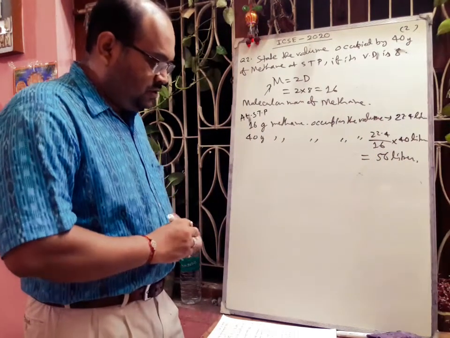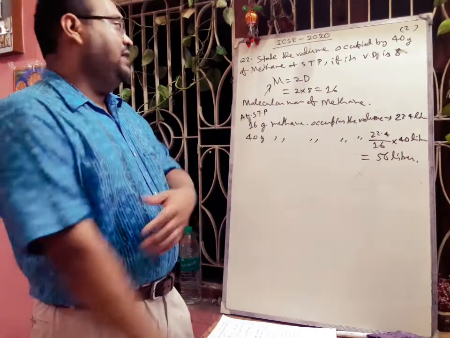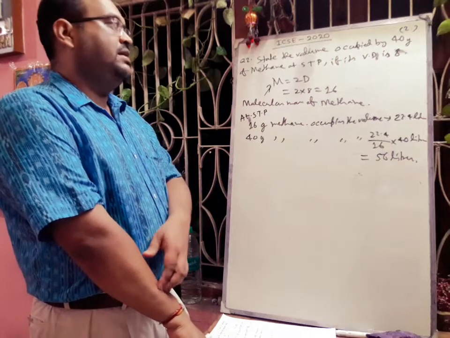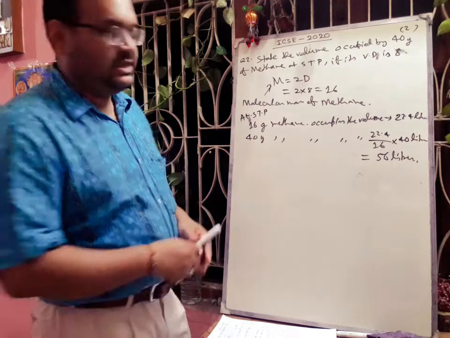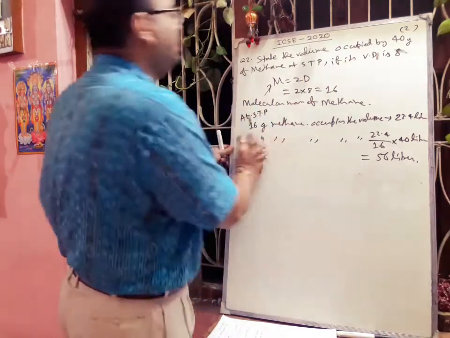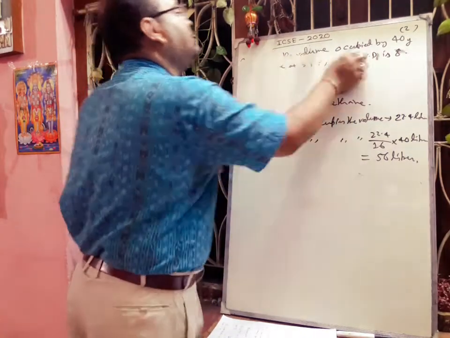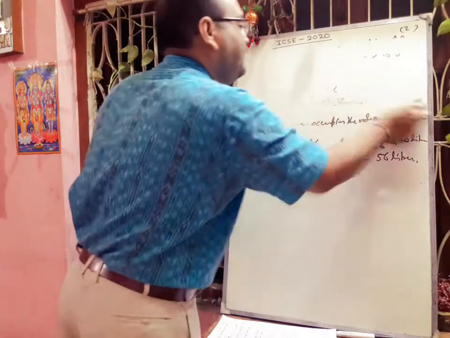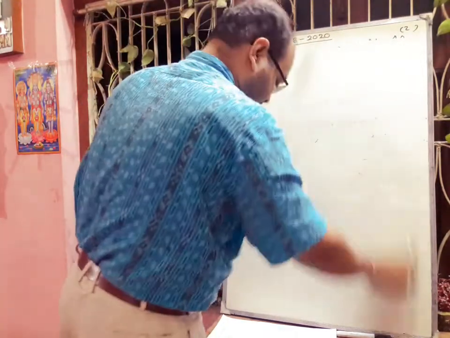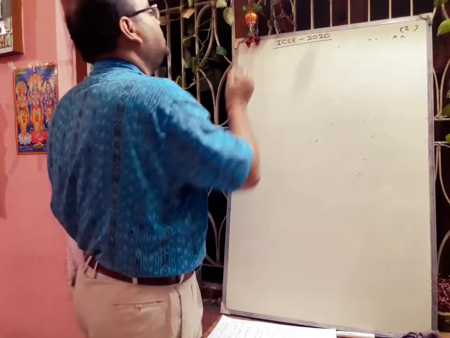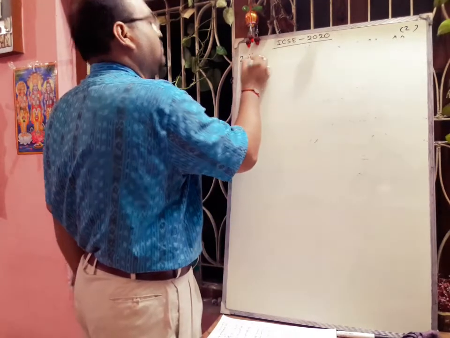So the volume occupied by 40 gram of methane at STP is 56 liters. Next is question number 2, part 2.